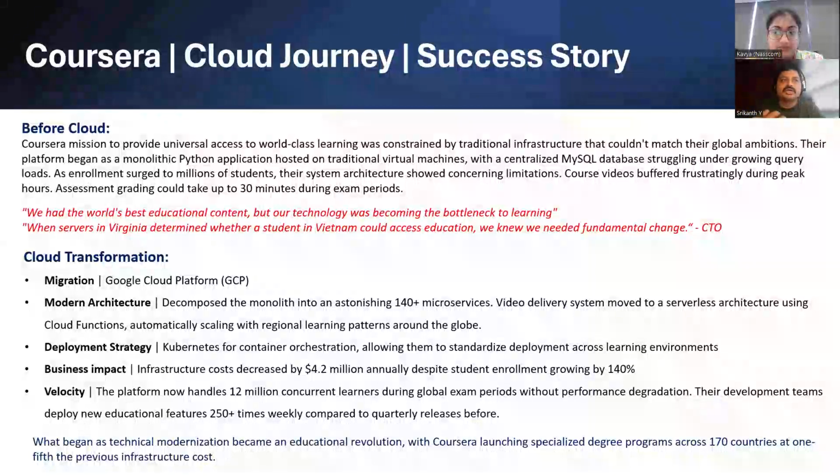Video content, though, is not changing per user requirement because they are recorded videos, so they could be replicated across regions. That's how you get the scale for the volumes you have, like these 12 million concurrent learners, and that's how the streaming solutions have been put into place.